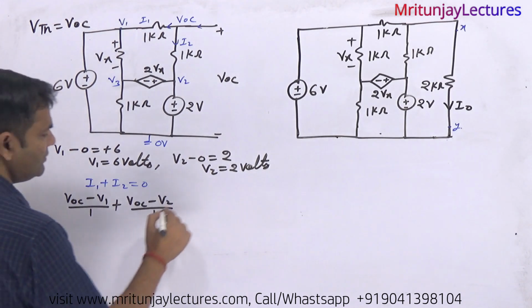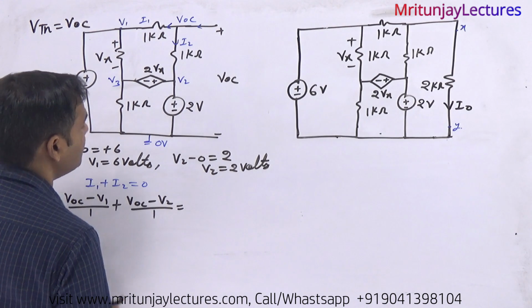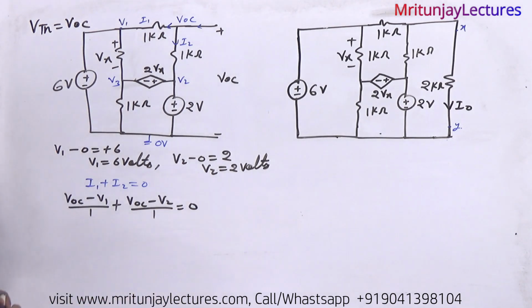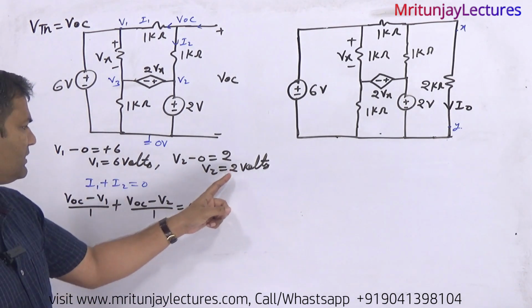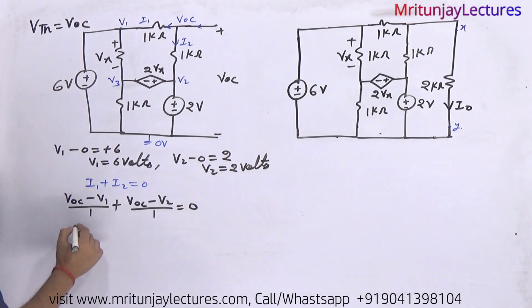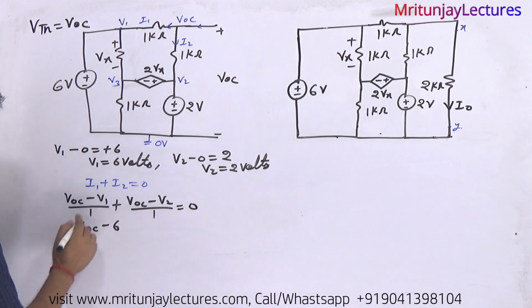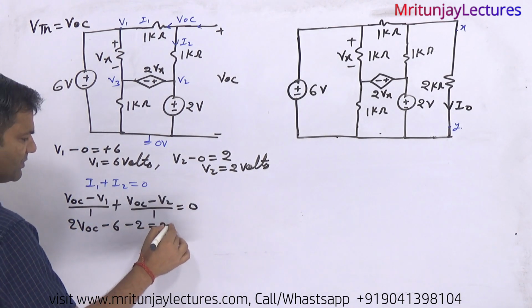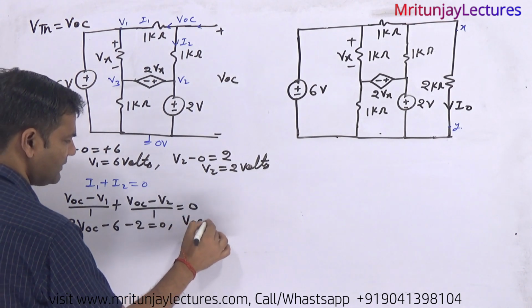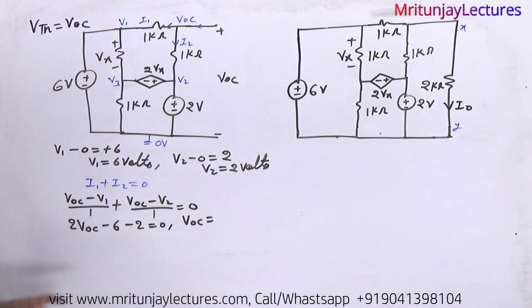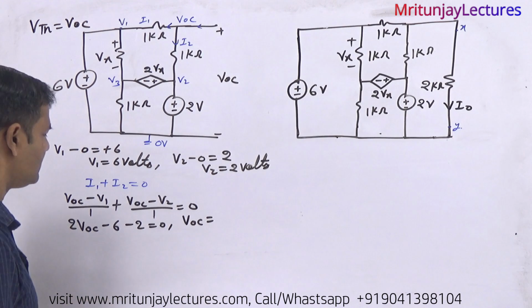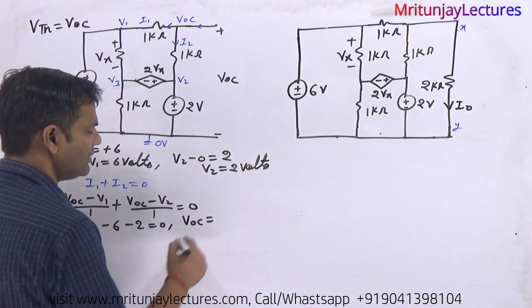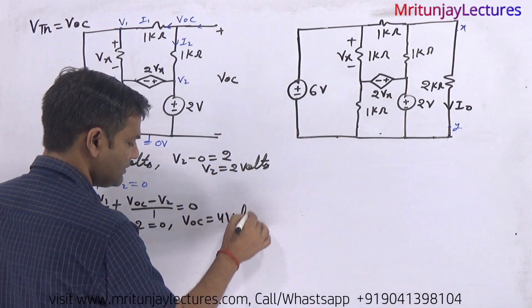With V1 as 6 and V2 as 2, V of OC minus 6 plus V of OC minus 2 is equal to 0, so 2 times V of OC equals 8, so finally V of OC is 8 divided by 2, that is 4 volt.